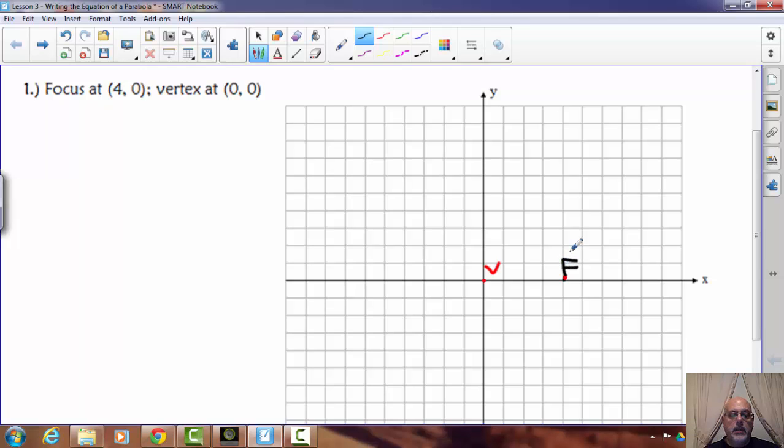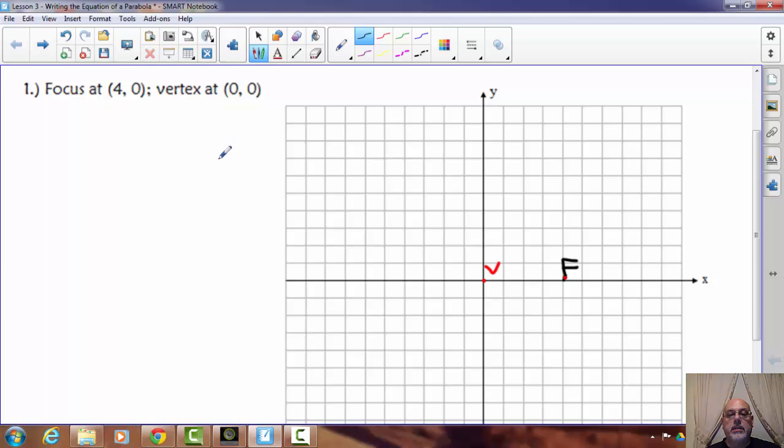Okay, so right now this parabola is opening to the right, and it's opening sideways to the right, so we know that P will be positive, and therefore 4P will be positive.